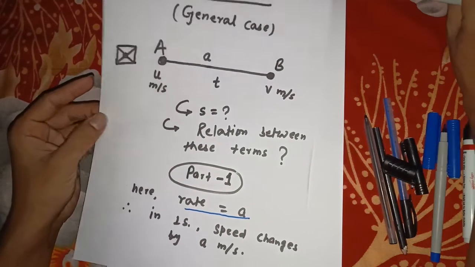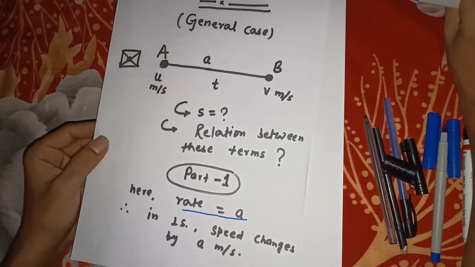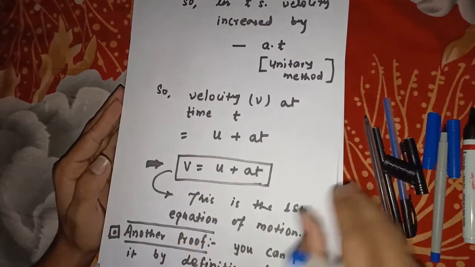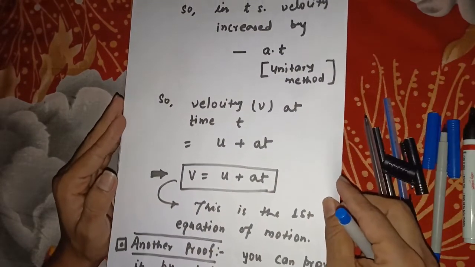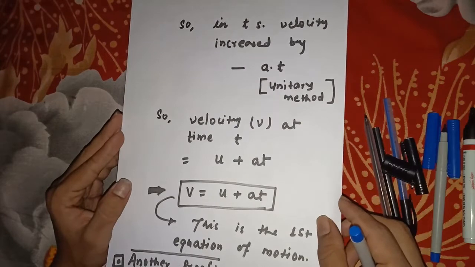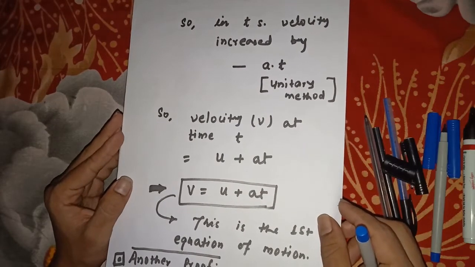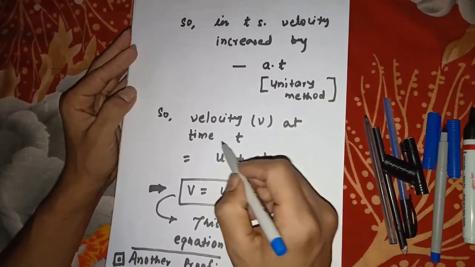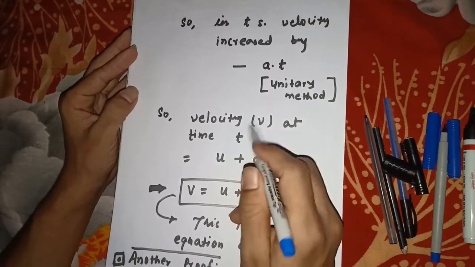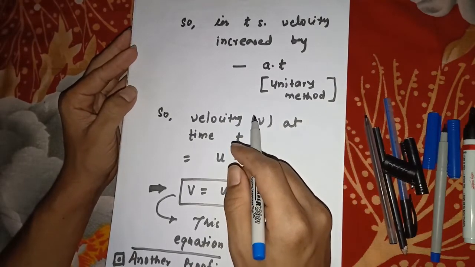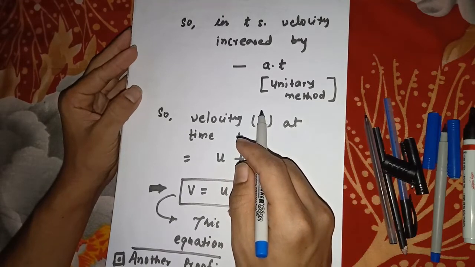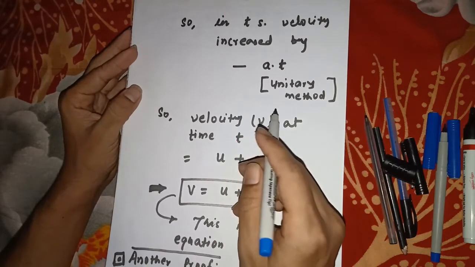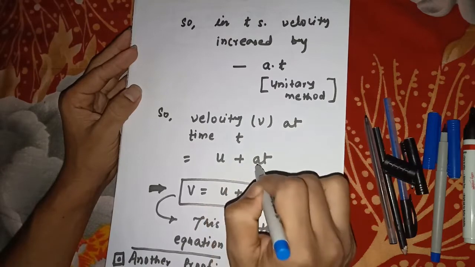Now the final velocity after t seconds you can get by the unitary method. Can you get u plus a into t?